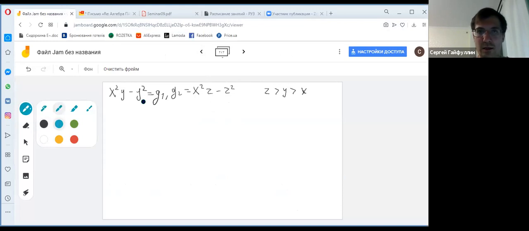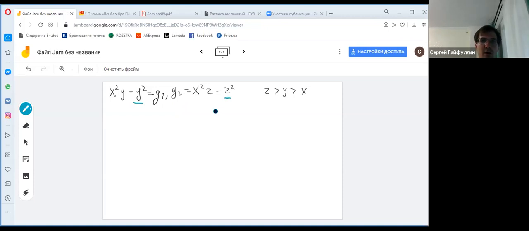When z is the biggest and y is bigger than x, then the leading term is minus y squared. And the leading term for G2 is equal to minus z squared, because z is bigger than the other variables.